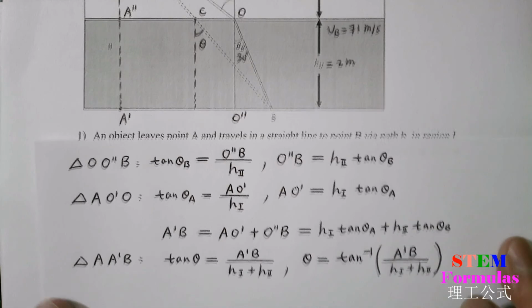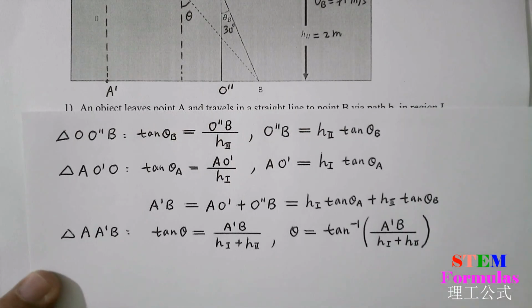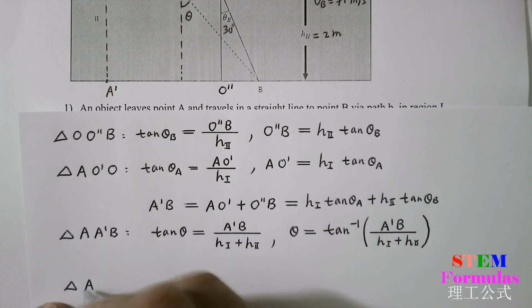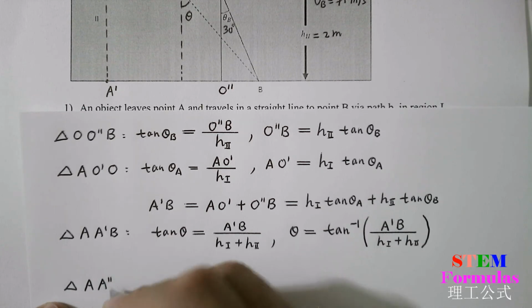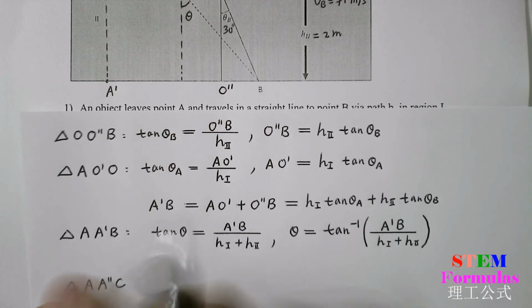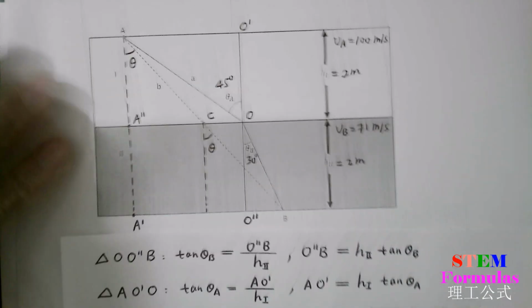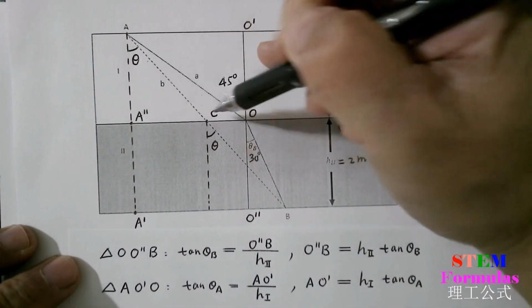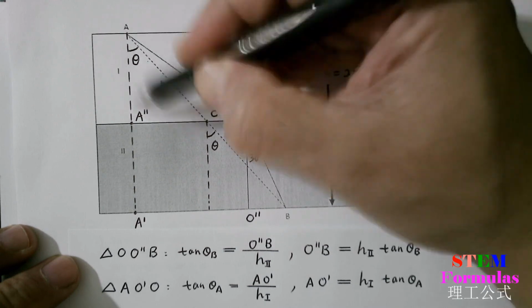Now, I consider triangle A double prime C. This triangle.